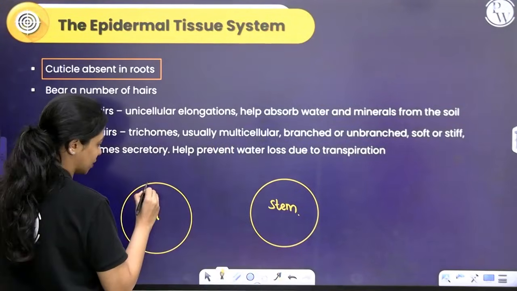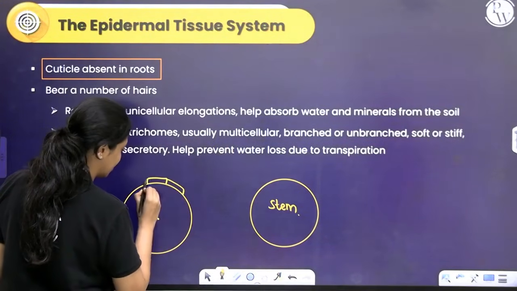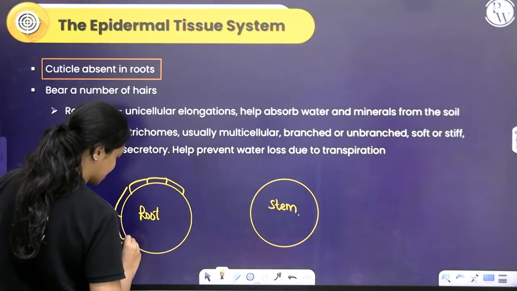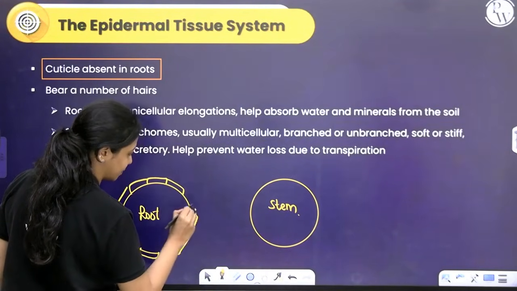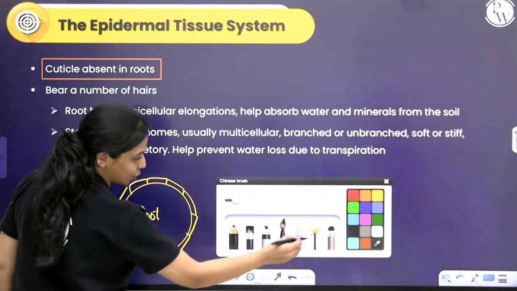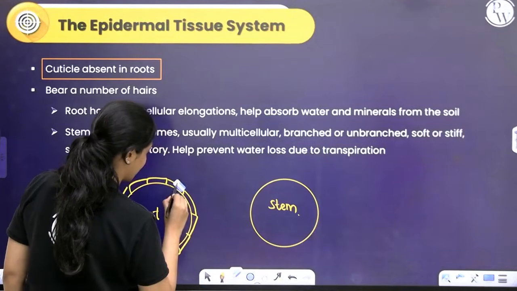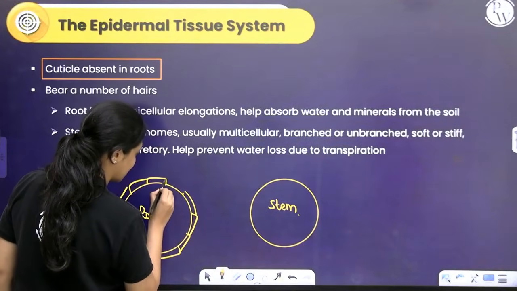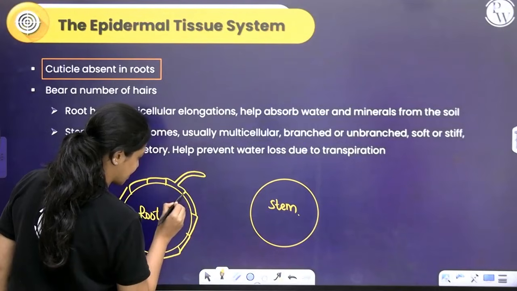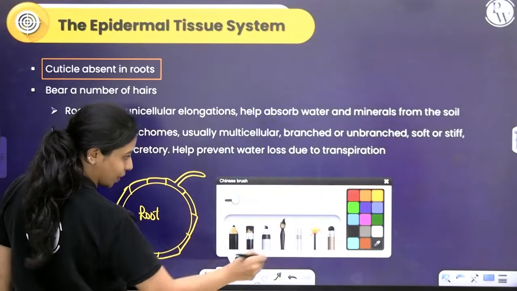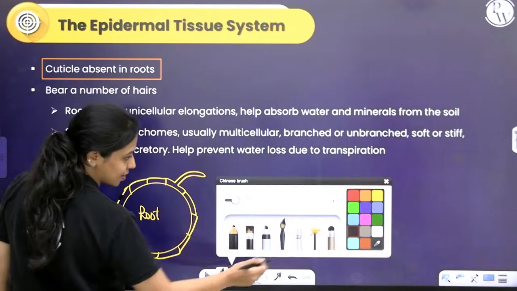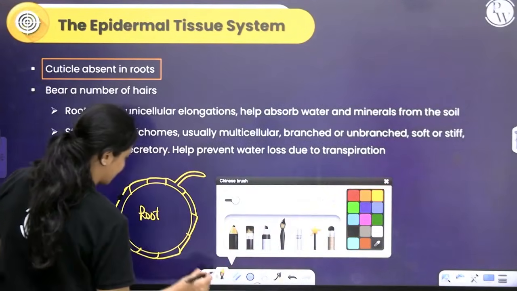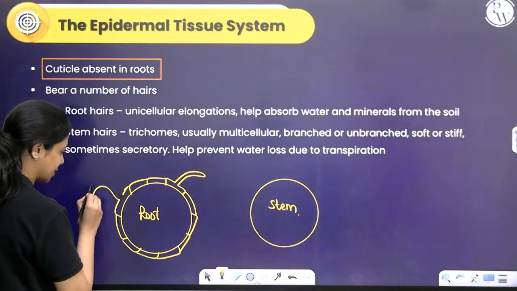In the root, from the outermost layer, from the epidermis, you can see root hair arising. Small unicellular hair arising from the surface like this. It will be made up of a single cell. Each root hair is composed of a single cell like this.